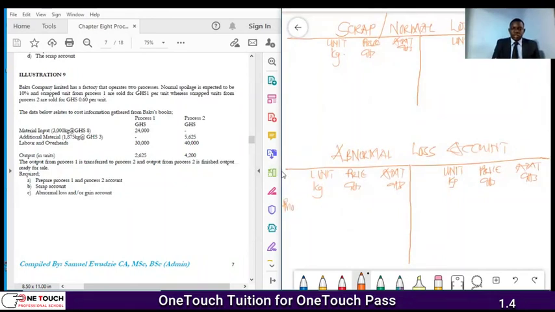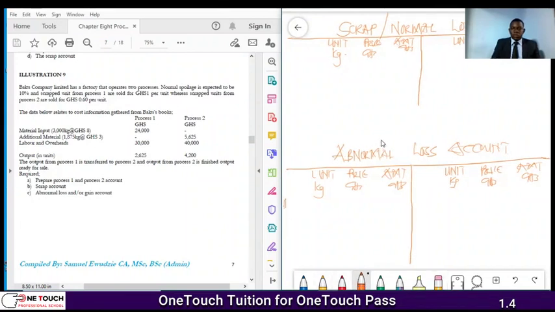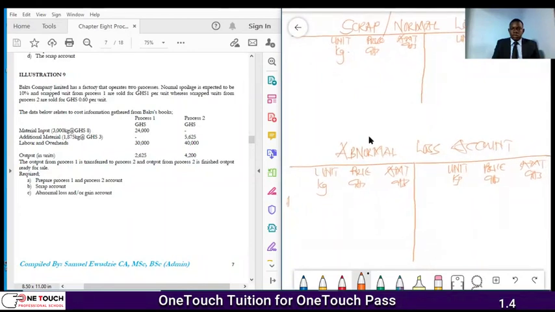That's the process 1 account of 75 at 19.88.